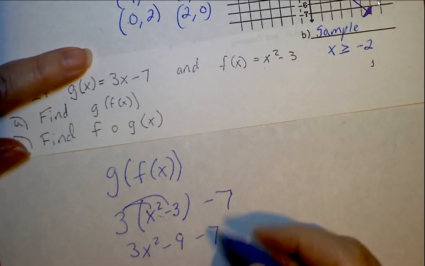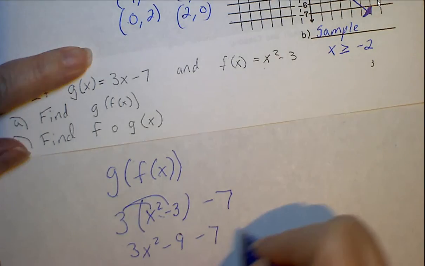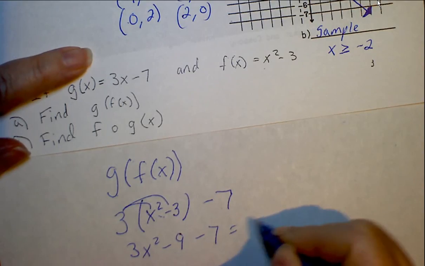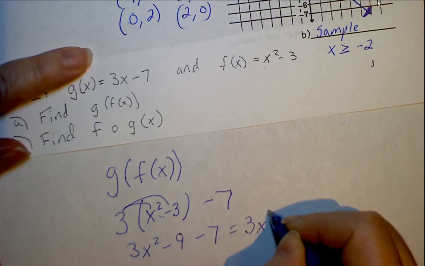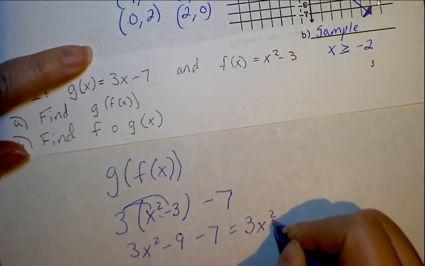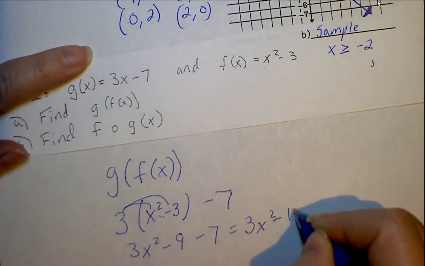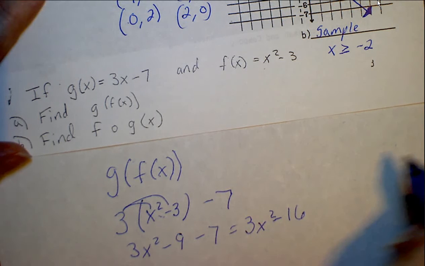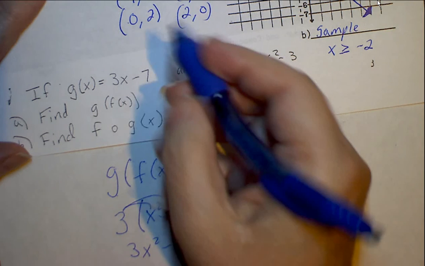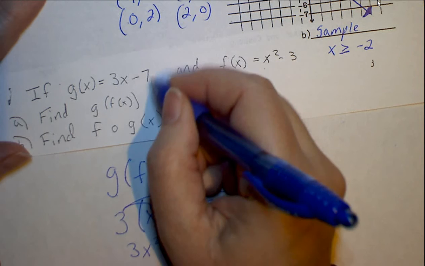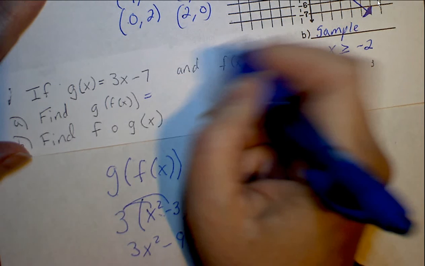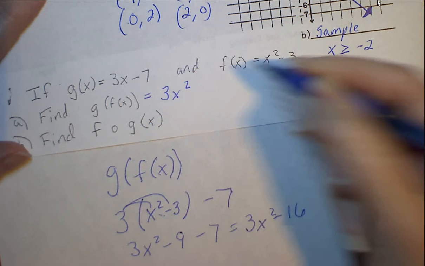So I have 3x squared minus your 16. So that is your g of f of x, which is final answer 3x squared minus 16.